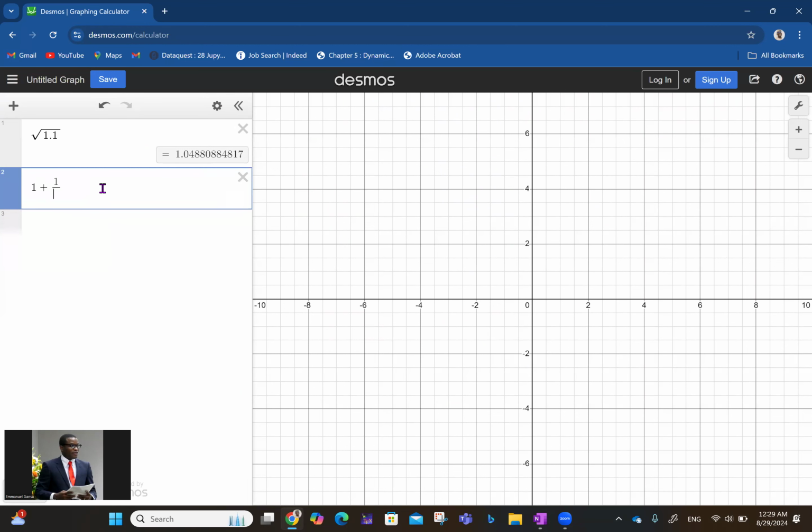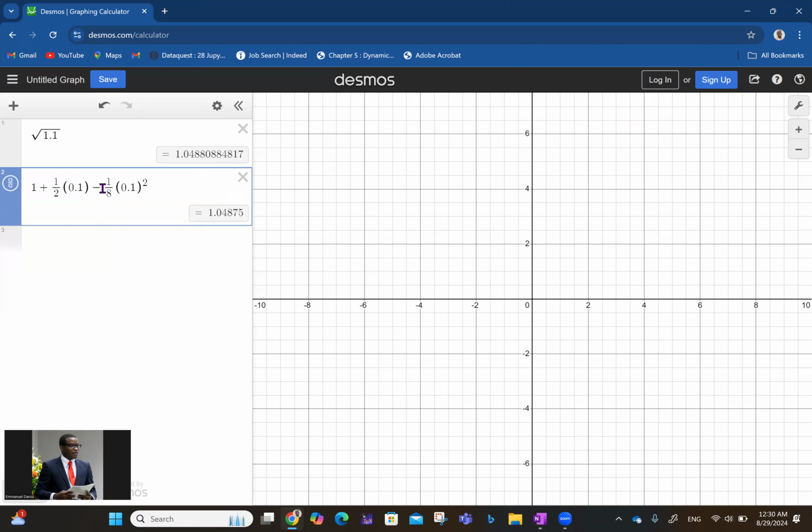But now when we are approximating, we have 1 plus 1 divided by 2 into 0.1, then minus 1 divided by 8 into 0.1 squared. So you can see it's getting closer. That's 1.04875. Oh, that's even 3 times.